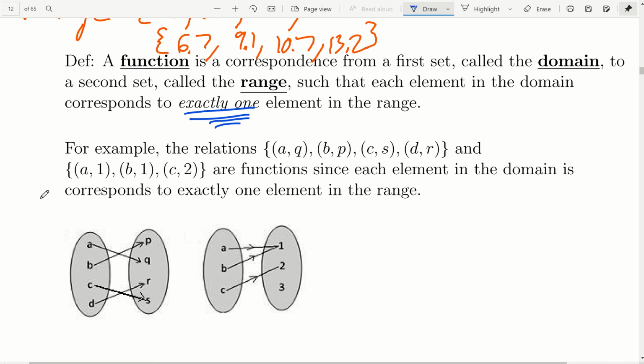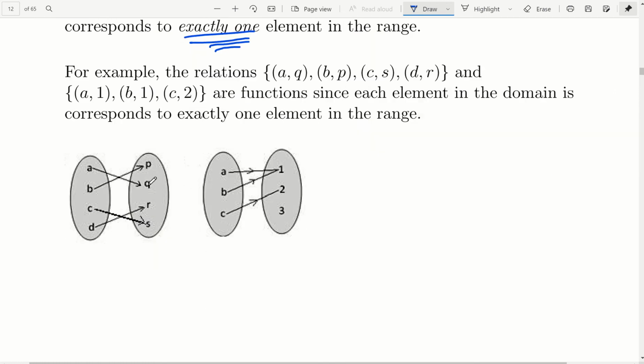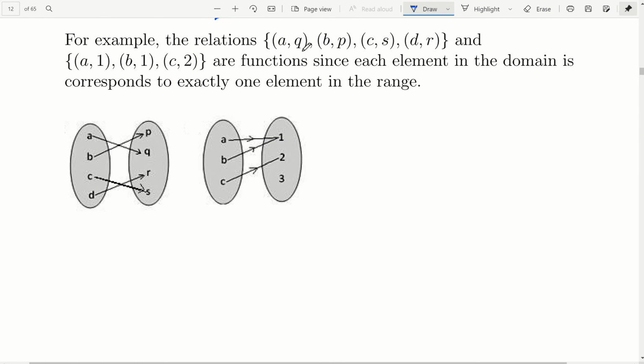But the basics behind a function is that each element in the domain corresponds to exactly one element in the range. If we look at the following depictions, the relations given by the first set and by the second set, these would be examples of functions. In the first set, remember the first element in each ordered pair is the domain. So A, B, C, and D would be the domain of this relation.